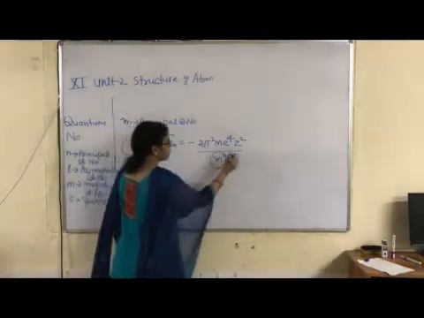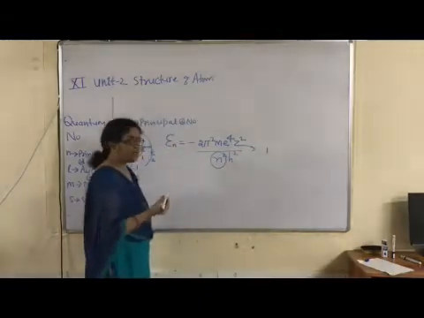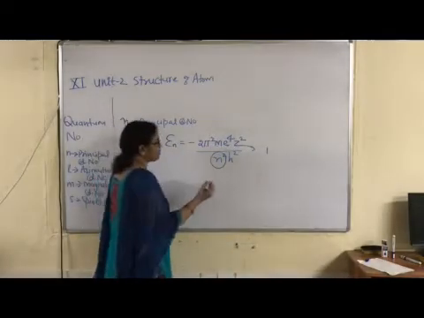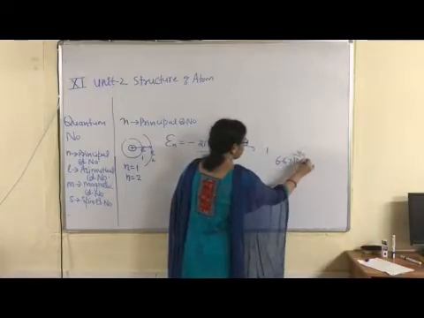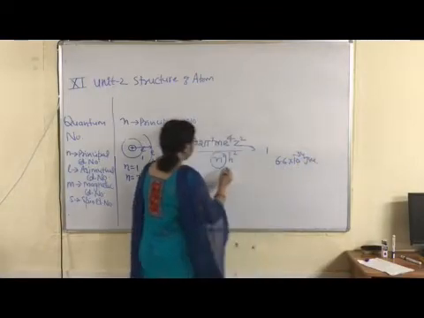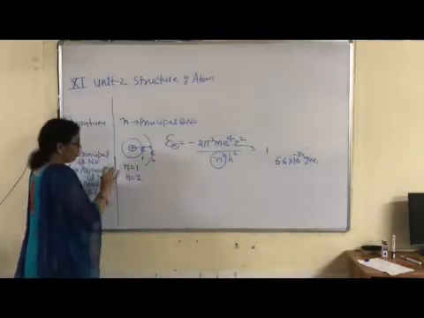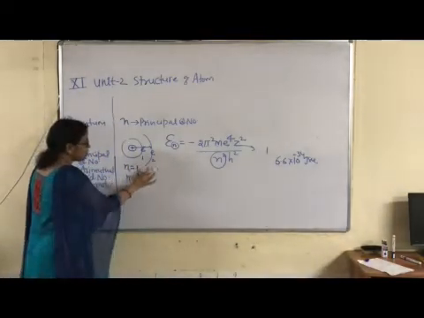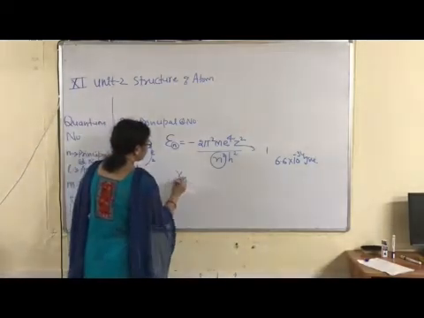For a hydrogen atom, the atomic number is equal to 1. Planck's constant is 6.6 into 10 raised to the power minus 34 joule second. Then we can calculate the energy of the orbit.